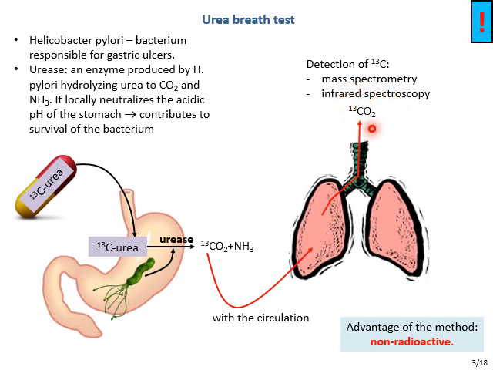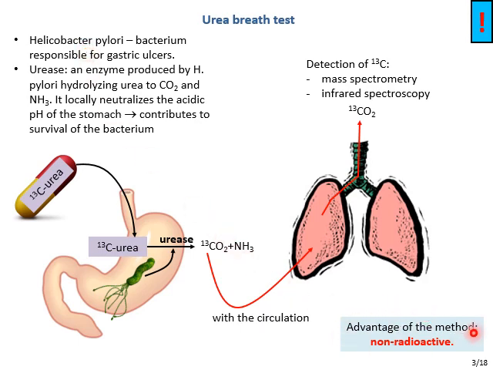And if carbon-13 carbon dioxide is detected in the exhaled air of the patient, which can be achieved either by mass spectrometry or infrared spectroscopy, then it will be known that such an enzymatic activity is present in the stomach, and this directly implies that the bacterium is present, so the ulcer is caused by this bacterium, so it is to be treated by antibiotics.